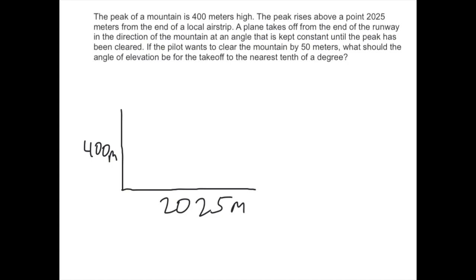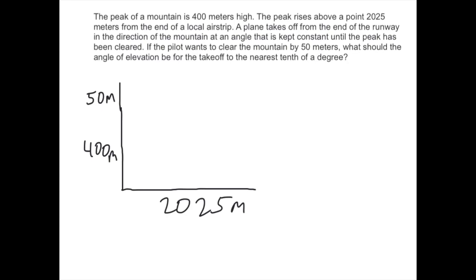If the pilot wants to clear the mountain by 50 meters, so before we do anything else, it wants to clear the mountain by 50 meters. So, if this is 400 meters, we want to go up another 50 meters, which would make a total of 450 feet there.